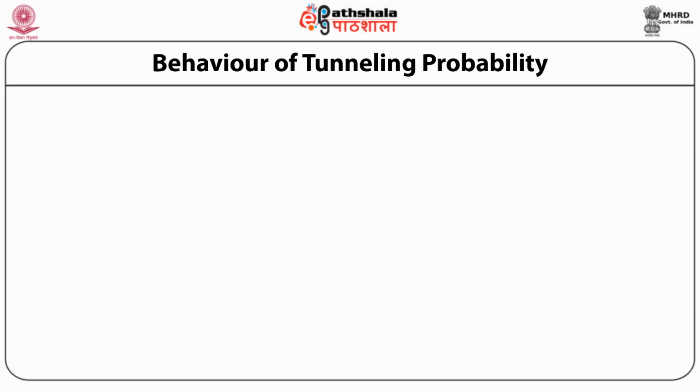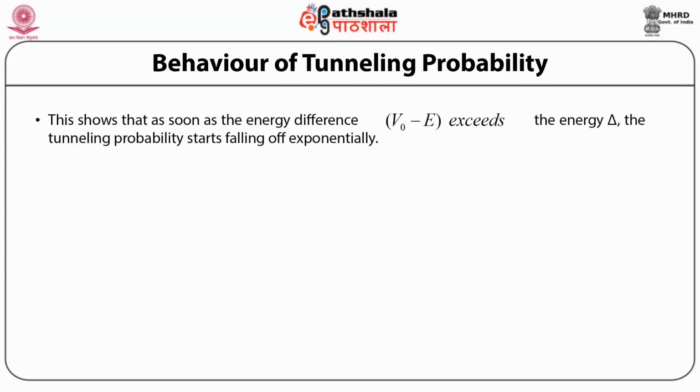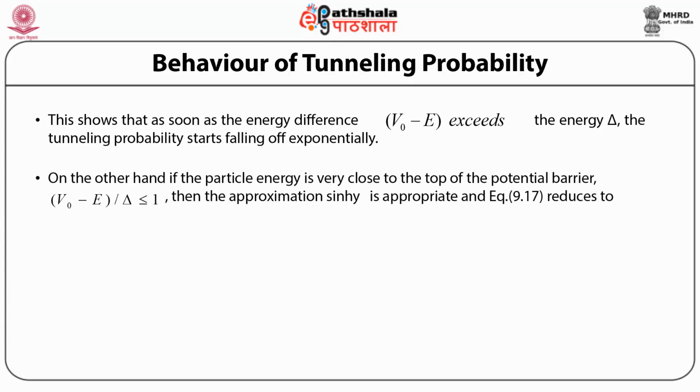We can see from the figure that as soon as the energy difference V naught minus E exceeds the energy delta, the tunneling probability starts falling off exponentially. On the other hand, if the particle energy is very close to the top of the potential barrier, then (V naught minus E) by delta is less than or equal to 1.